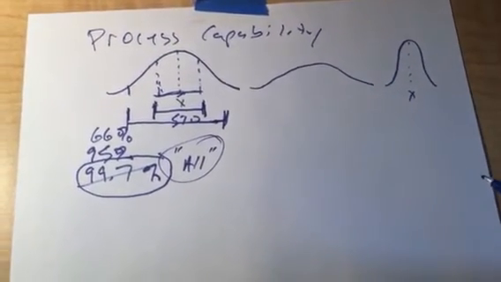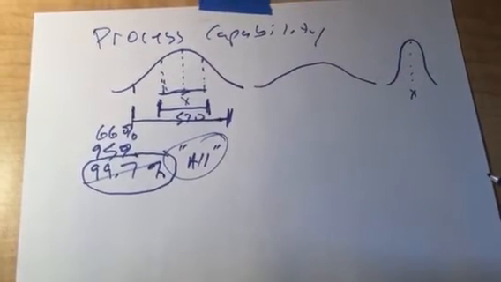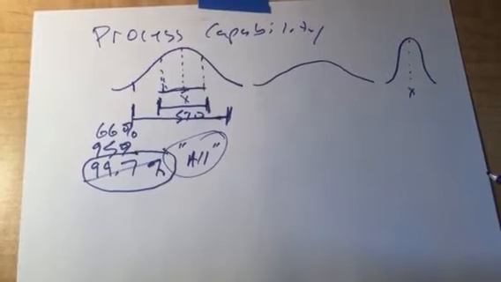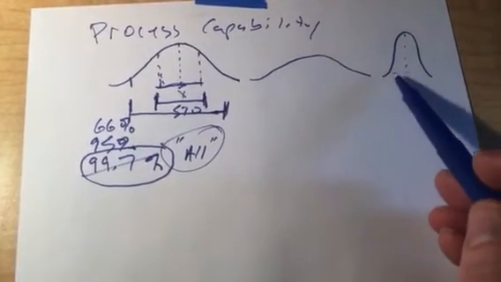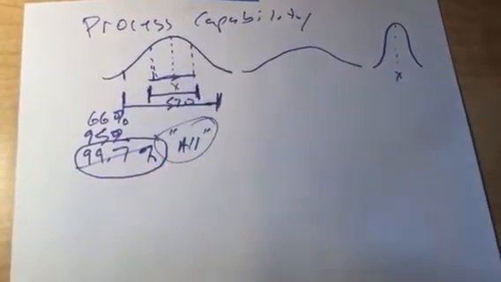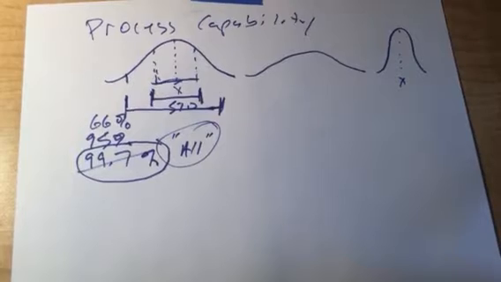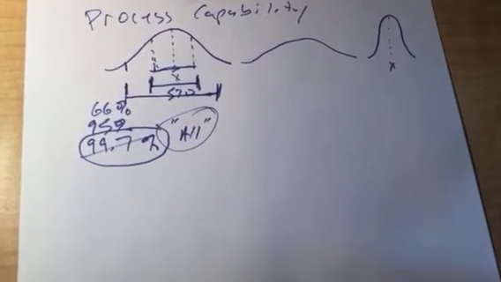If we have a process of any type, and we know the standard deviation of the process, in other words, how spread out the possible outcomes of the process are, then we can figure out the probability that the process will hit any particular target. So let's talk a little more about that.